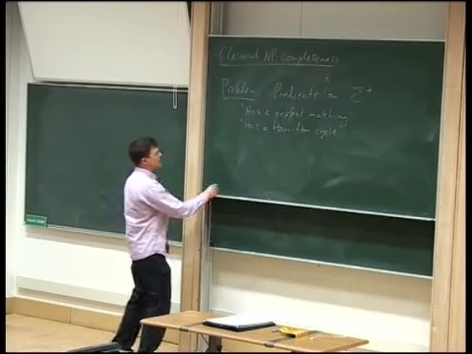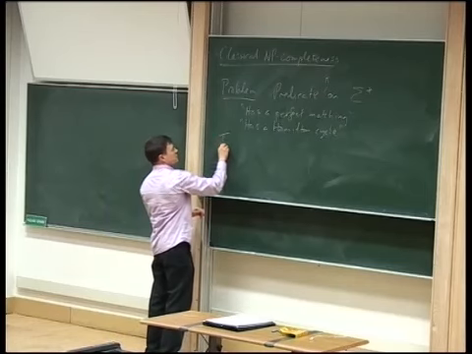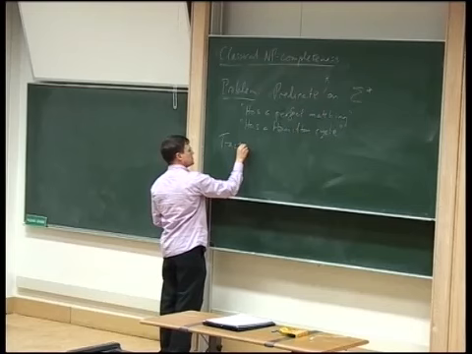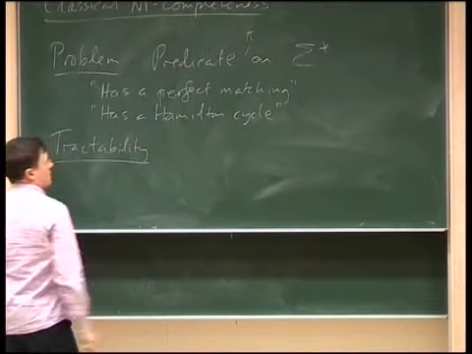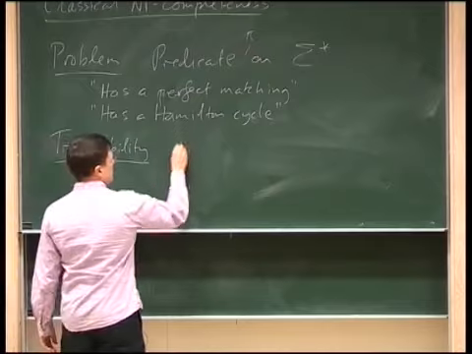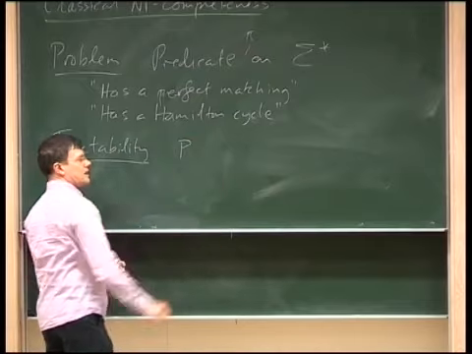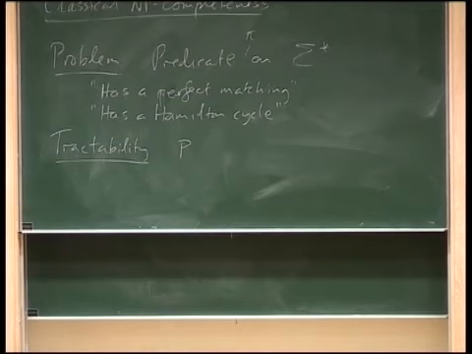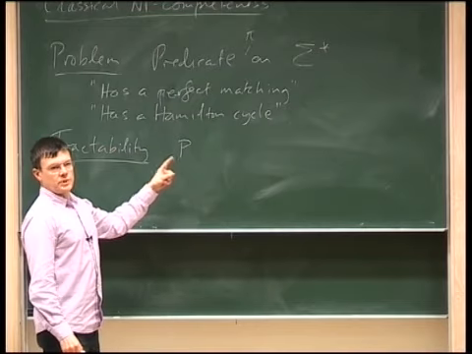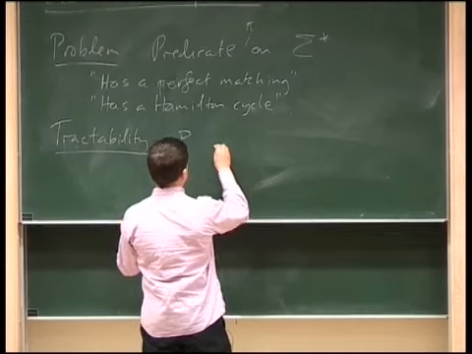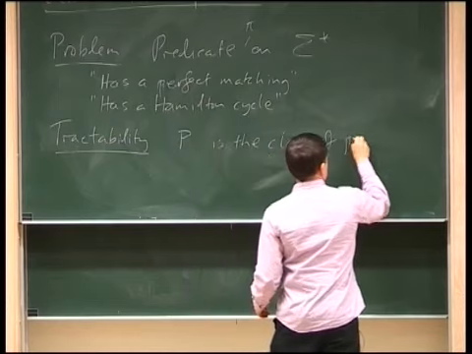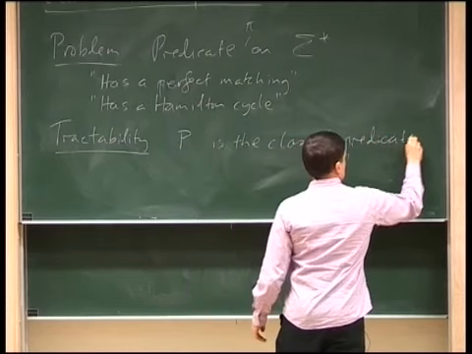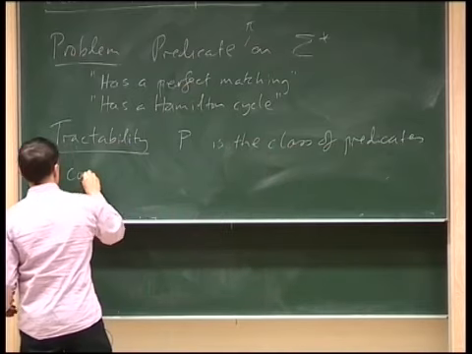So how is this done? You need a notion of tractability, if you like. This is the class P. So we single out, and this is a very rough and ready approach, those predicates which can be computed in polynomial time. So P is the class of predicates computable in polynomial time.